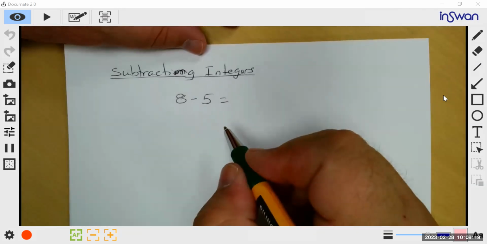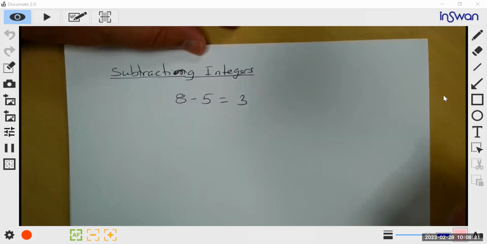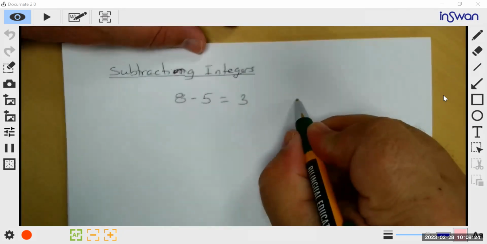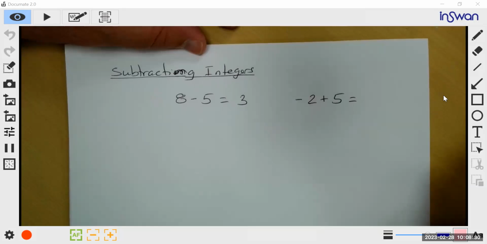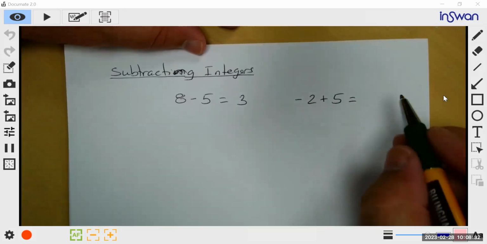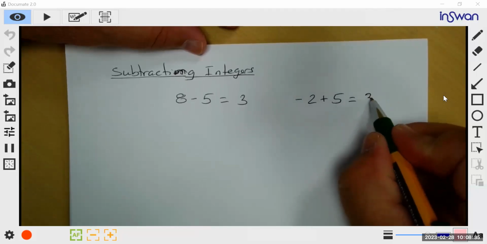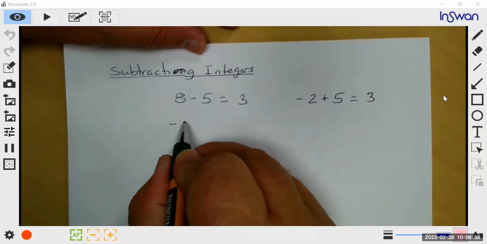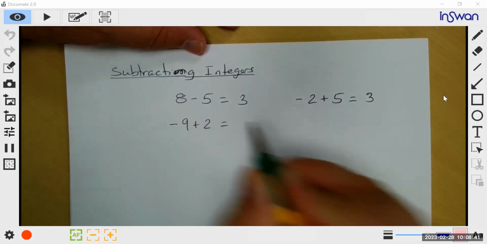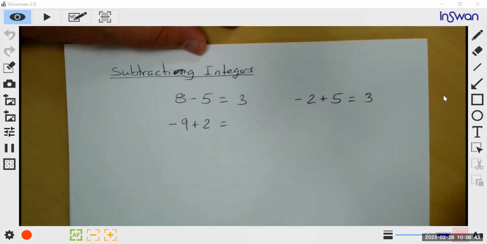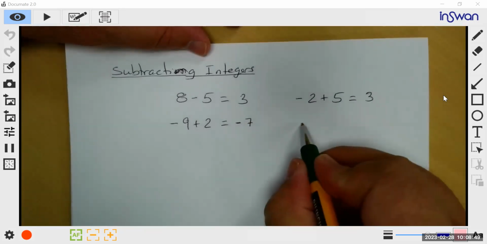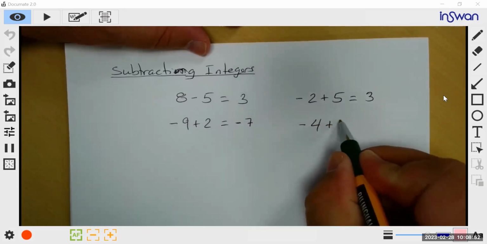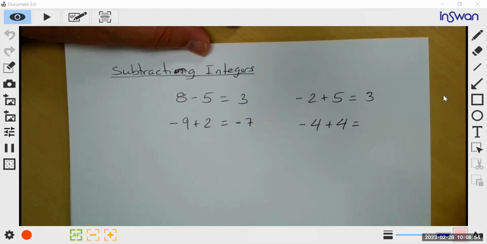Is it positive or negative? Positive 3. How about negative 2 plus 5? Positive or negative? Positive 3. Negative 9 plus 2. Negative 4 plus 4. 0.